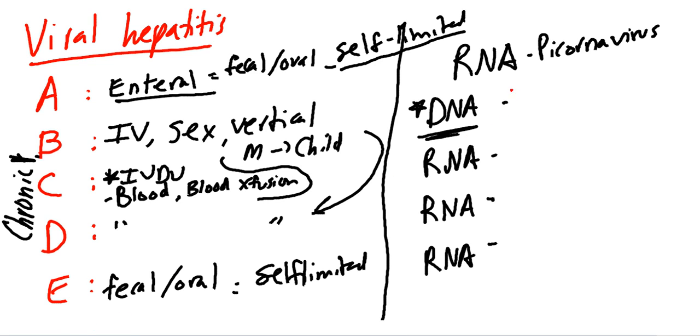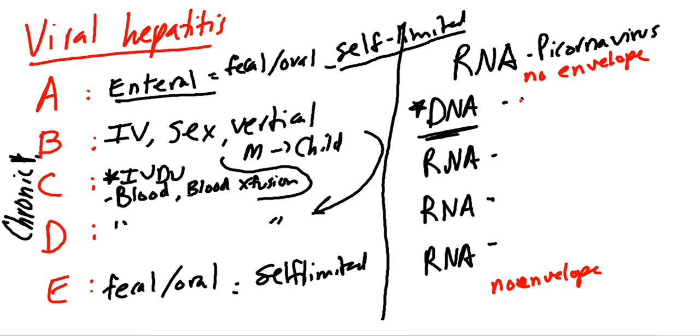I'm just going to change colors here so it doesn't, no envelope. Also notice down here, this one's going to have no envelope. And I'll cover that once we get there. So hepatitis A, picornavirus, no envelope. It's going to be a single-stranded, linear RNA virus.